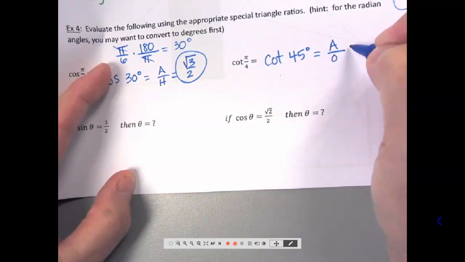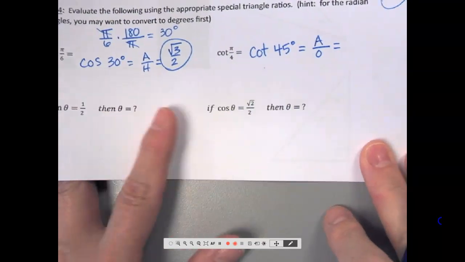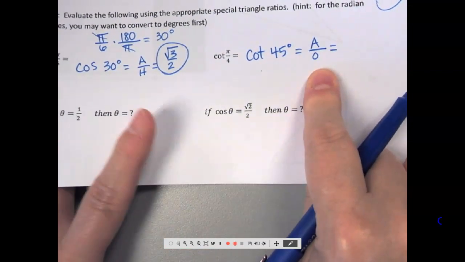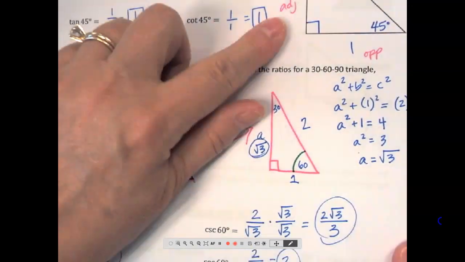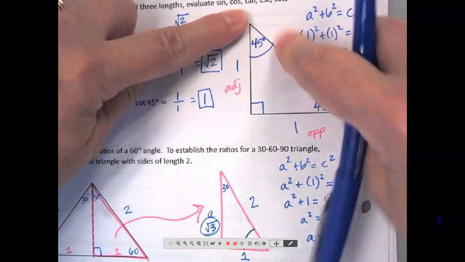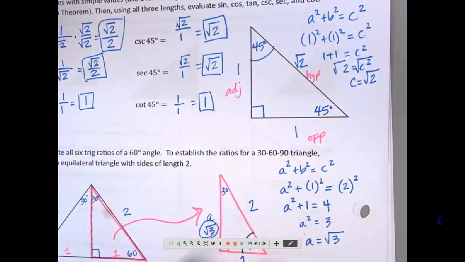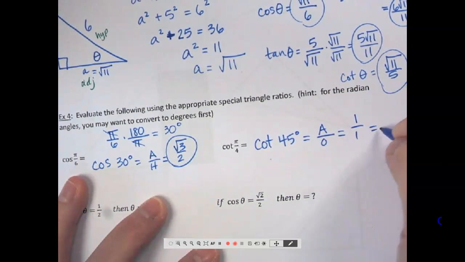Adjacent over opposite. I'm just going to keep asking you because I want to get it drilled in your head so it's second nature. Cotangent is adjacent over opposite. I'm going to go to that 45, 45, 90 triangle. Here's a 45-degree angle. This is adjacent. This is opposite. So it's 1 over 1, which is 1.